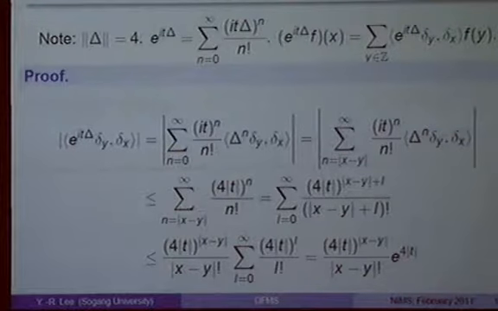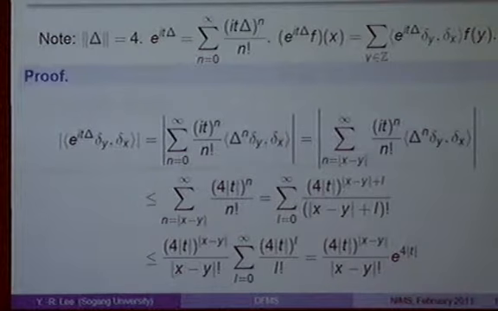Then we separate the top part into a product of these two, and the bottom part, which is this one. L plus n factorial is of course much bigger than L factorial multiplied by n factorial, right? So we can see that this is greater than or equal to the product of this and that. Together we can get this bound, right?